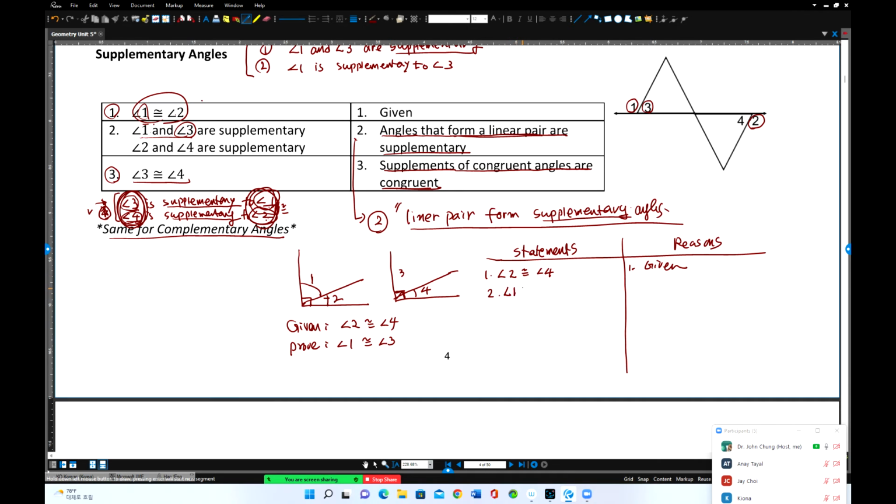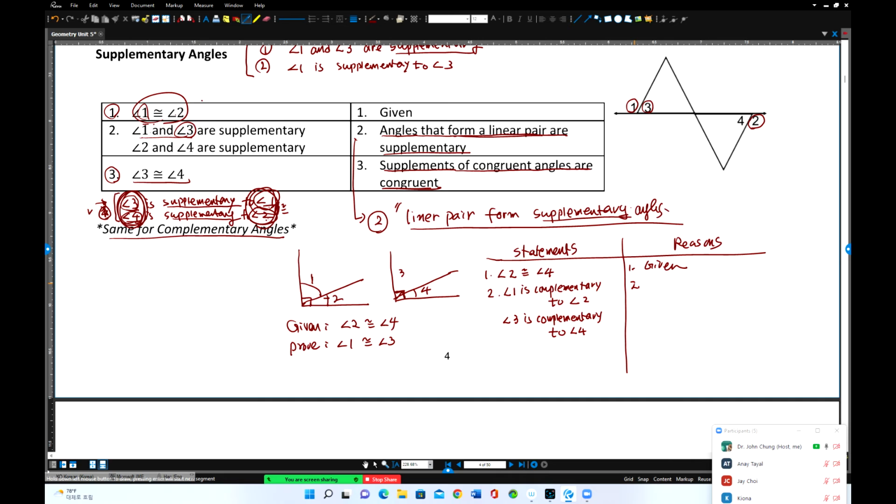Angle 1 is complementary to angle 2. Same column, same reason. Angle 3 is also complementary to angle 4, right?